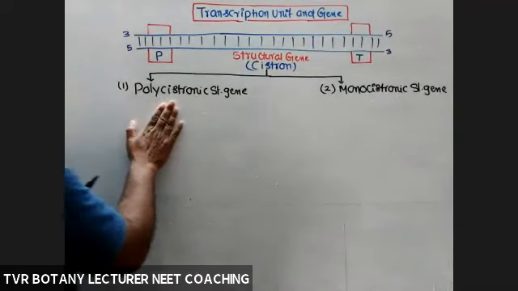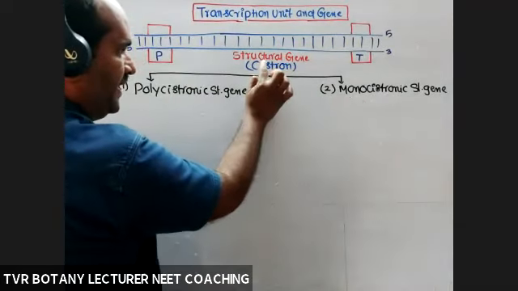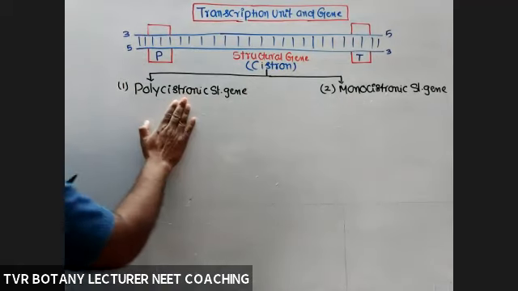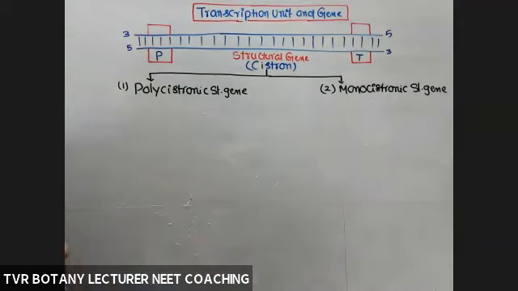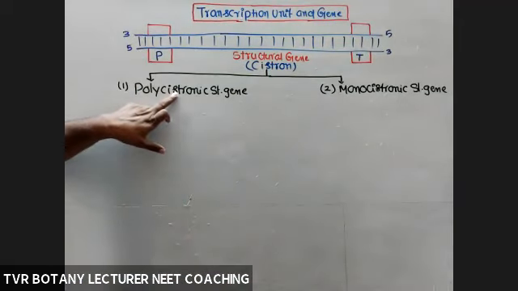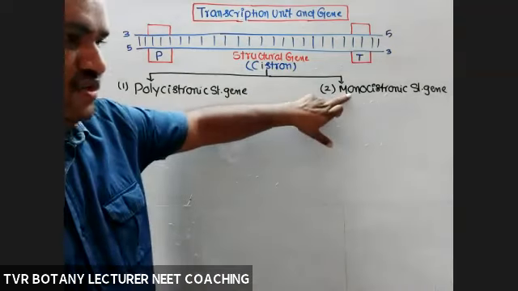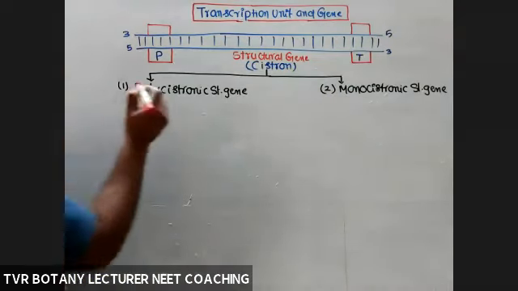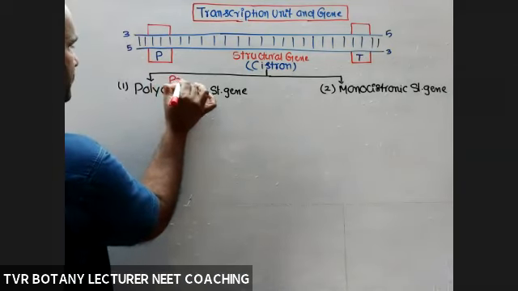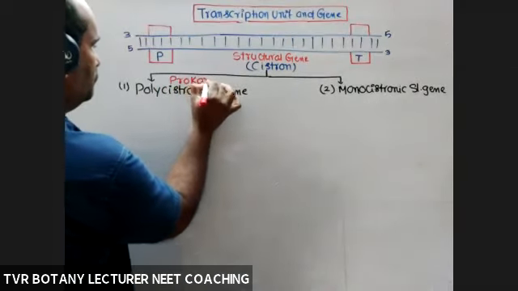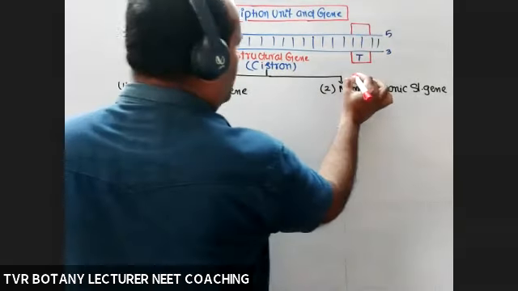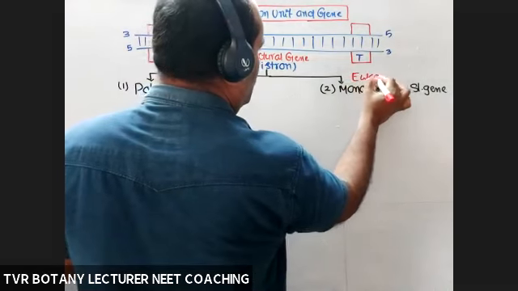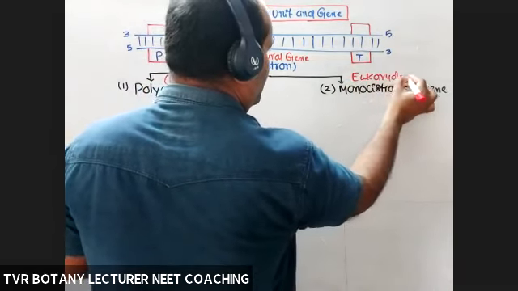Okay, polycistronic, monocistronic. So here the structural gene is represented with many cistrons or one cistron. The polycistronic structural gene is present in prokaryotes. This one is present in eukaryotes.